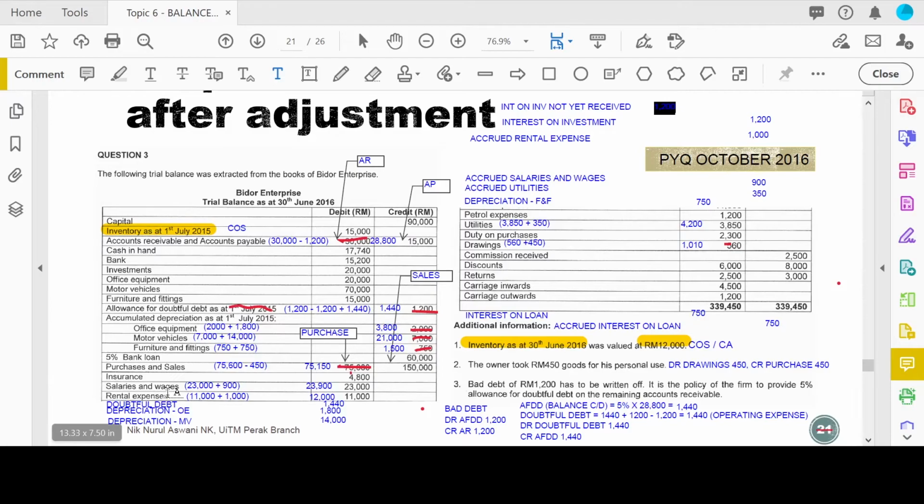So search for insurance. Yes, we do have it here. 4,800 minus 800, so the amount here should be equal to 4,000 only, instead of 4,800.